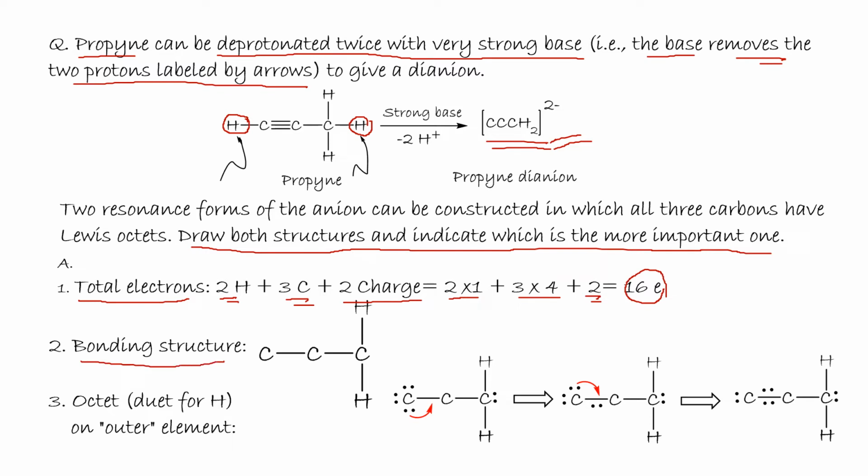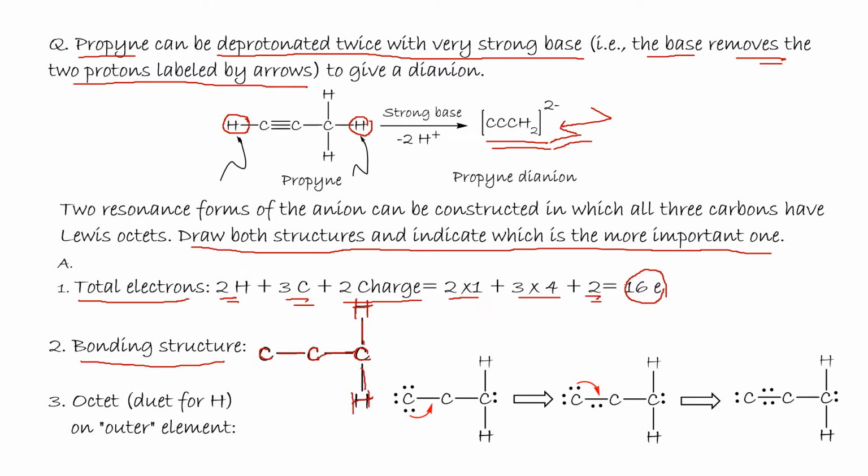Number 2, we do the bonding structure. So carbon connected to carbon according to the way the problem gives this structure. Okay, carbon, and then this carbon has 2 hydrogens. Done.